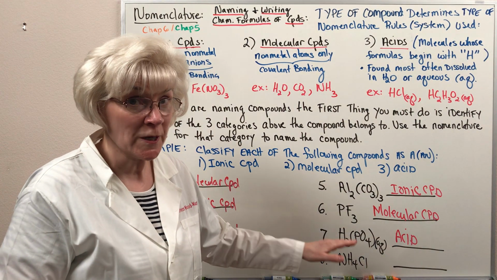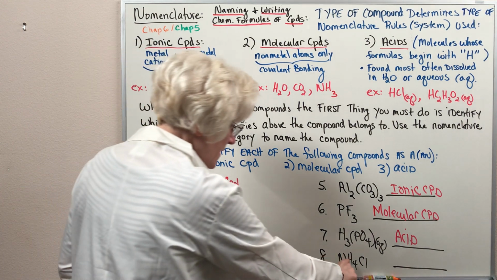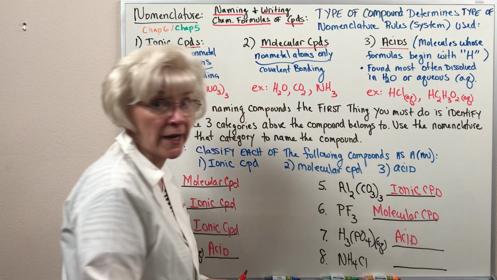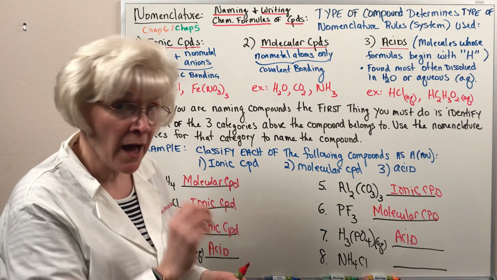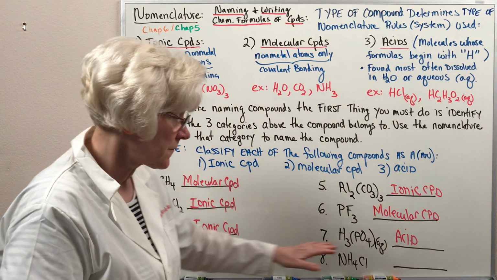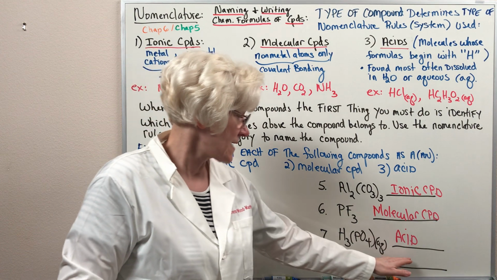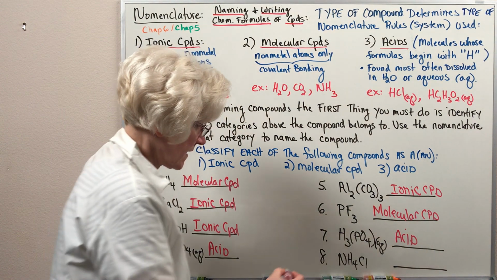Number 8's tricky. If you look at number 8, you see the elements nitrogen, hydrogen, and chlorine, and all of those elements are nonmetals. So your first instinct would be to classify number 8 as a molecular compound, but that would be a mistake.